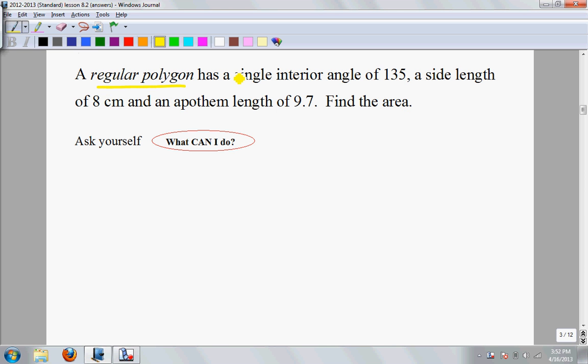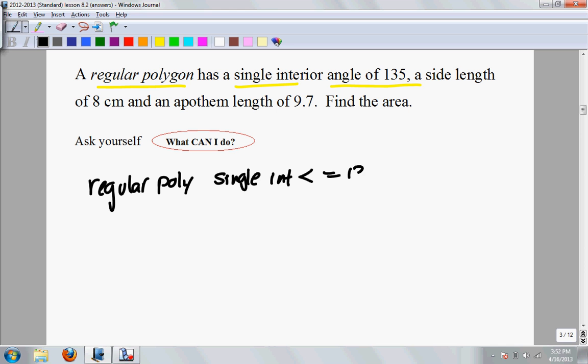We have a regular polygon. It has a single interior angle of 135, which is equal to 135. The problem is, since it says it's a polygon, we don't know the number of sides.